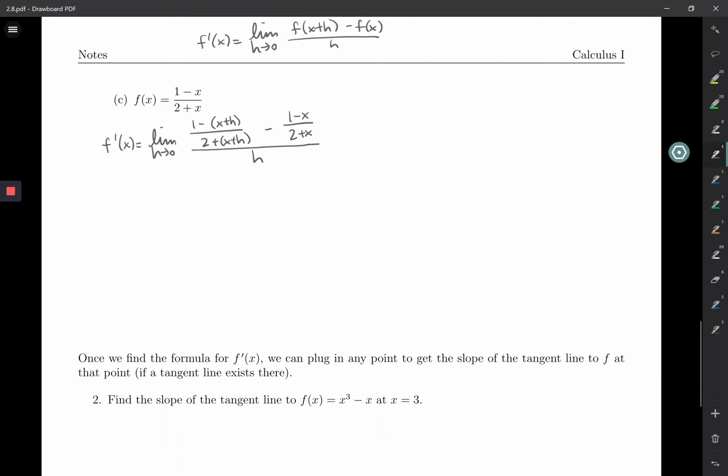And now for this type of limit, we want to clear the denominator of these smaller fractions. So we're going to multiply by 2 plus x plus h times 2 plus x.